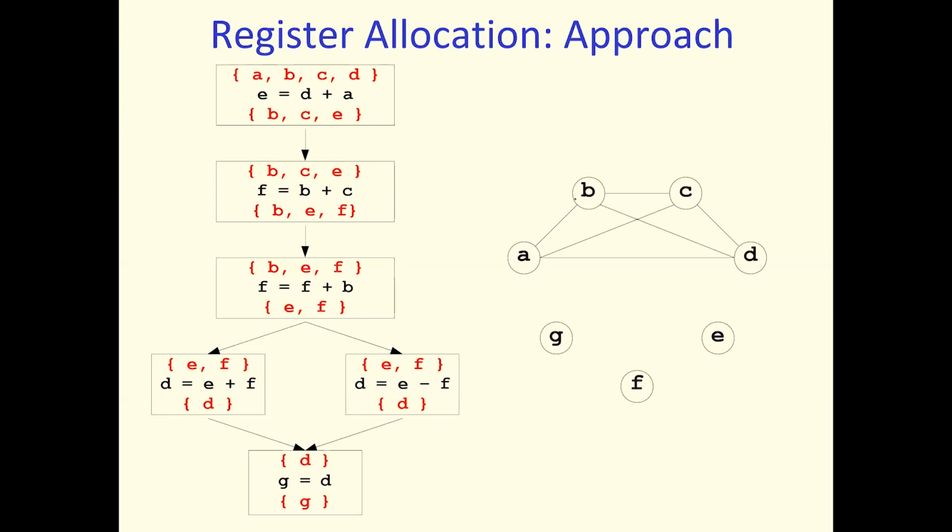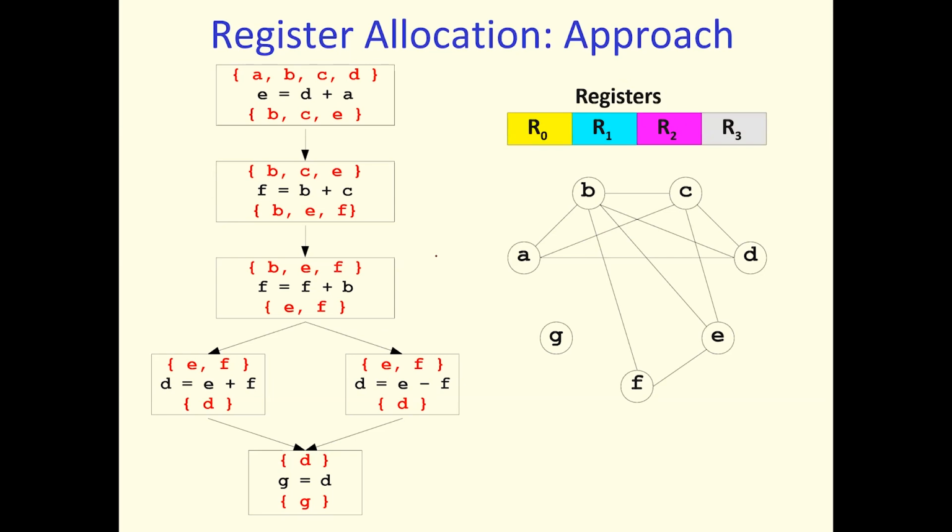A, B, C, D all are in conflict with each other. Then B, C, and E are also in conflict with each other. And then B, E, and F are in conflict with each other. And I think that's all. E and F conflict we have already captured. G is never in conflict with others. D we have already captured. So this is our conflict graph.